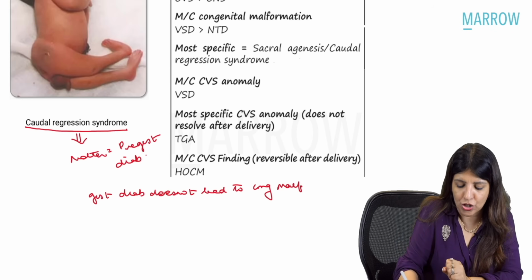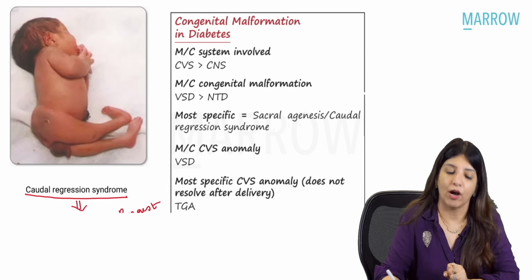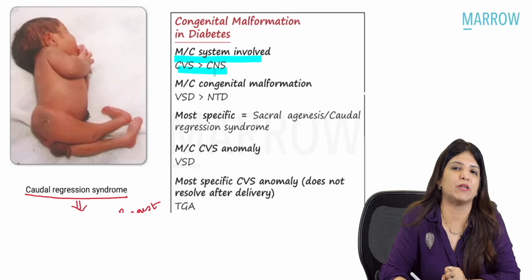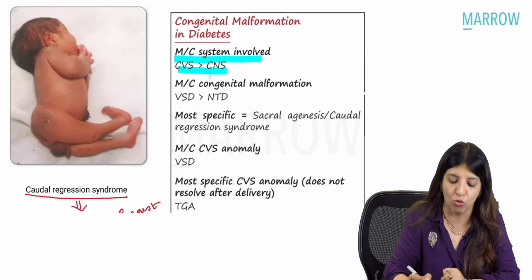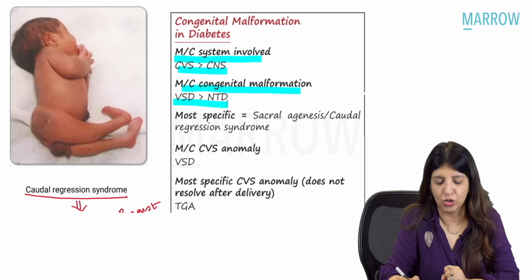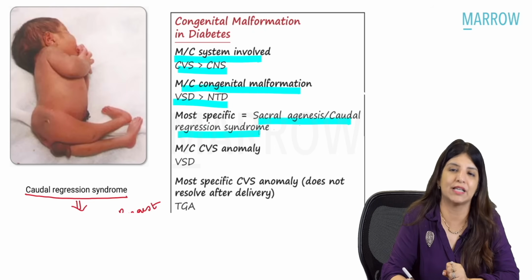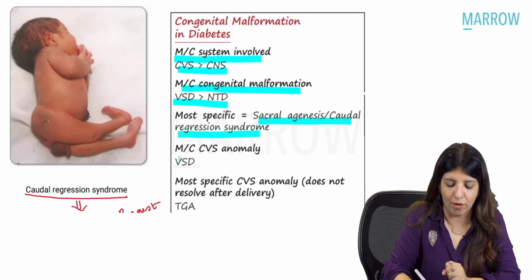Congenital malformations are not caused by gestational diabetes. Now, if they ask you what is the most common system which is involved in babies of diabetic mother, it is cardiovascular system followed by central nervous system. Most common congenital malformation is VSD followed by neural tube defect, but the most specific one is caudal regression syndrome or sacral agenesis. If they ask you most common cardiovascular anomaly, it is VSD.